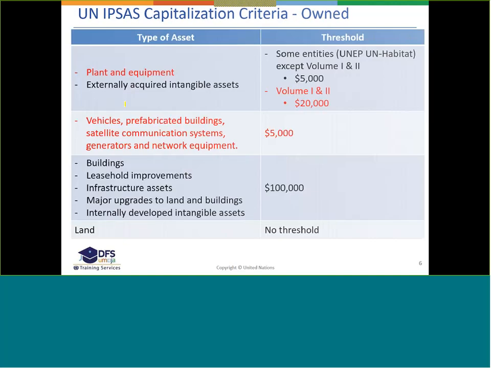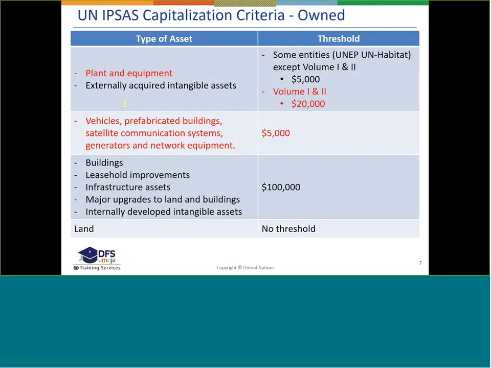So the UN capitalization threshold depends on the type of asset, as you can see. For example, for plant and equipment, we have a capitalization threshold of 20,000 in general, with some exceptions that are vehicles, prefabricated buildings, satellite communication systems, and generators and network, whose capitalization threshold is 5,000.